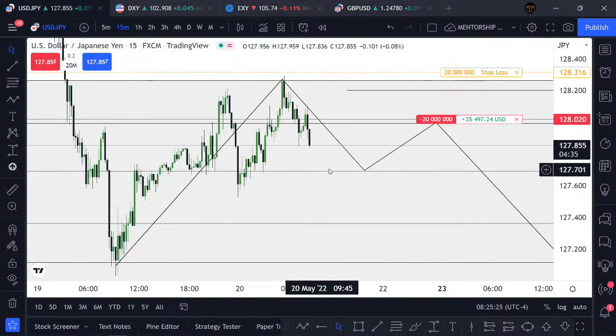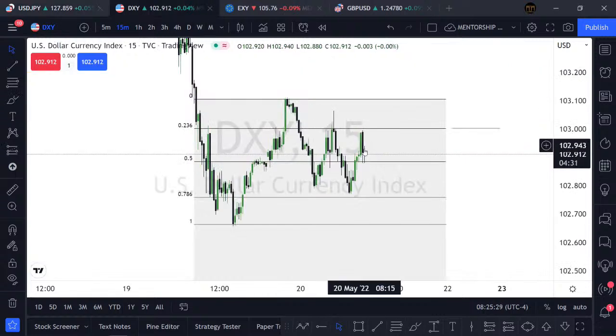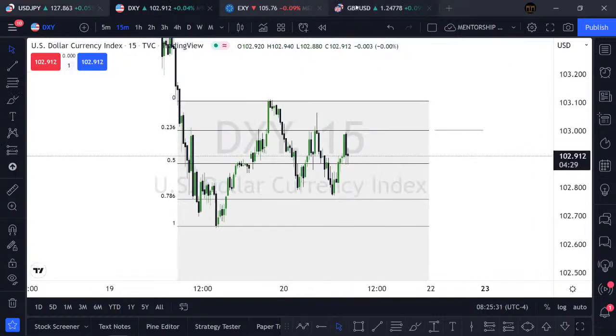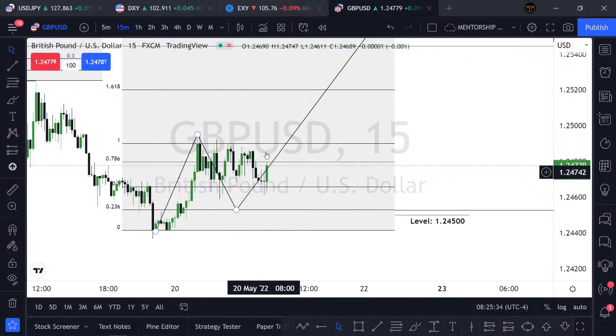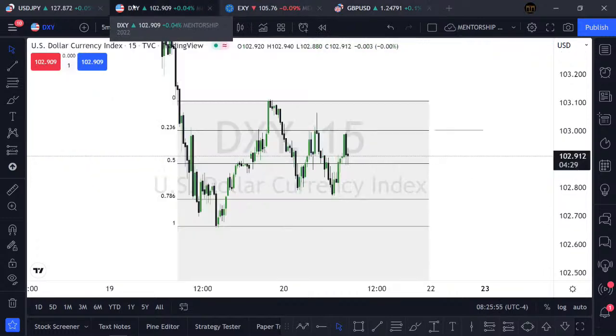Let's look at the Japanese yen. Well, still stuck there. Let's look at the dollar index, but the pound is trying to rally.